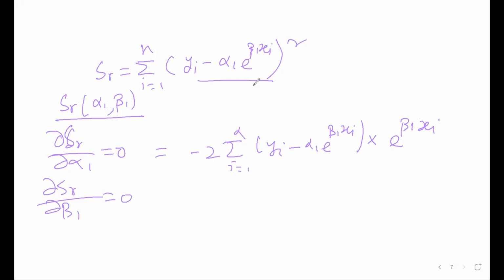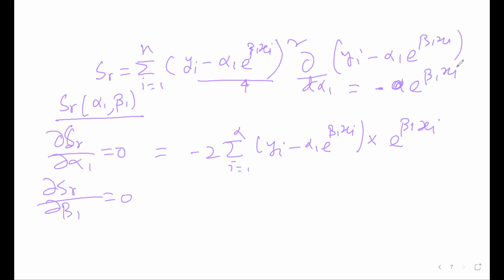Yes, sir. We have to differentiate this factor with respect to alpha 1: yi minus alpha 1 e to the power beta 1 xi gives minus e to the power beta 1 xi, isn't it? And that minus is coming here, okay?